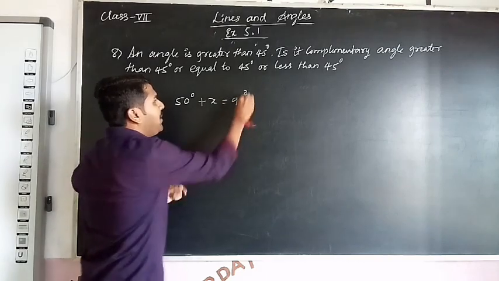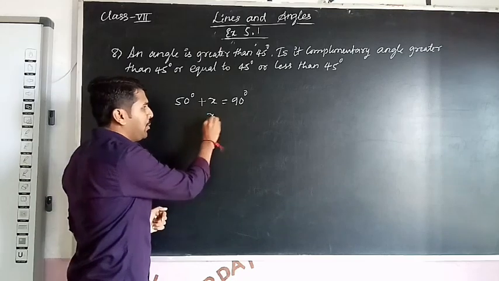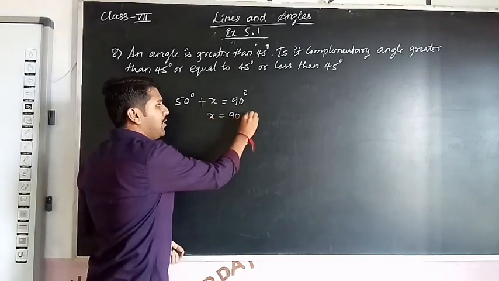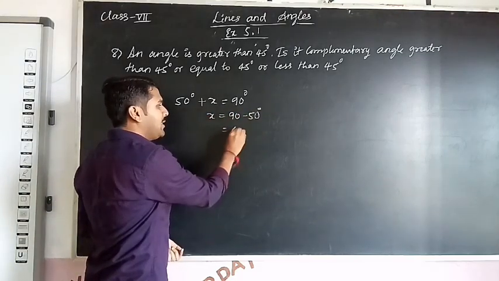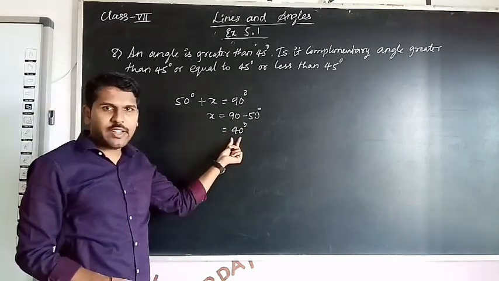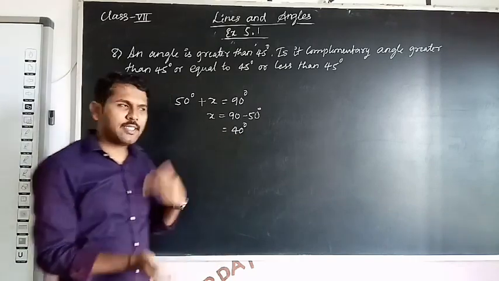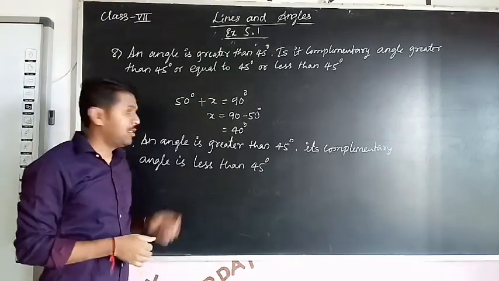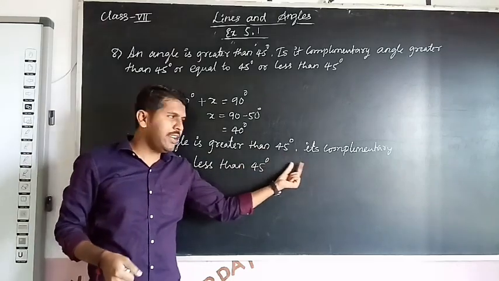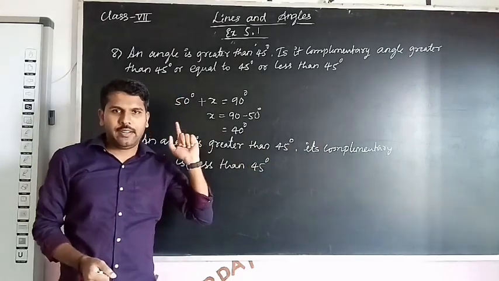But complementary means the sum of two angles must be 90. So find the x value: 90 minus 50. So what will we get as the answer here? 40 degrees. Is 40 degrees less than 45 degrees? Yes, because 40 is less than 45. Therefore, if an angle is greater than 45 degrees, its complementary angle is less than 45 degrees.